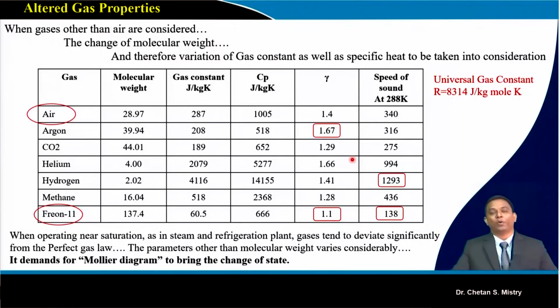Now let me tell you what the use of this is. People do different kinds of testing for different applications. Suppose I want to test my compressor at a high Mach number condition. If I use air as my working fluid, maybe I need to rotate my wheel at very high speed, and there may be mechanical constraints.